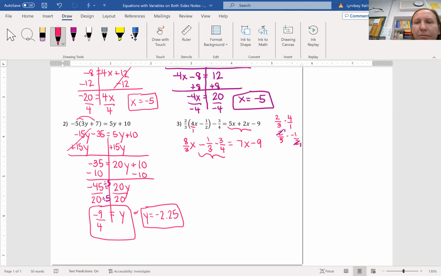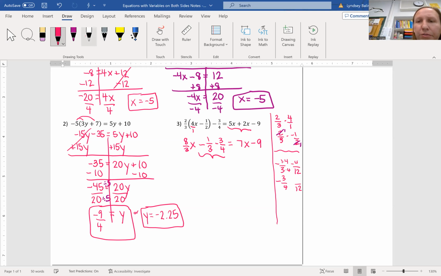So just on the side, once again, I'm going to separate my scrap work over here. I have negative 1/3 and a minus 3/4. Notice no inverse operations. They're on the same side. We're just combining them together. They both happen to be negative. Their common denominator is going to be 12. So this first one would be times 4 and times 4.